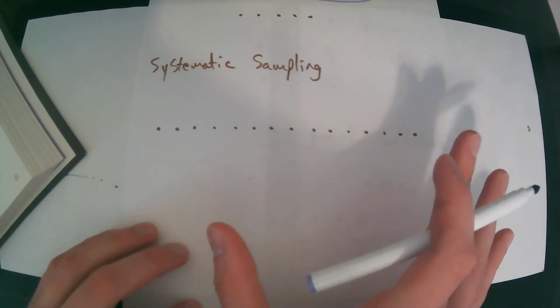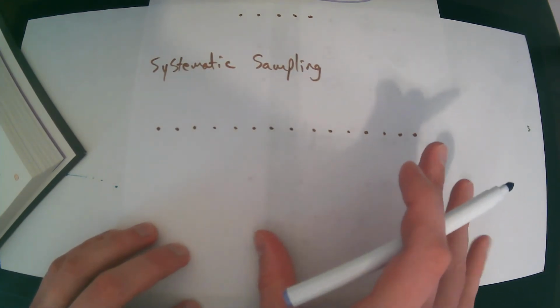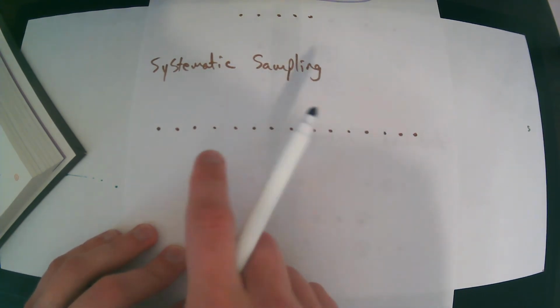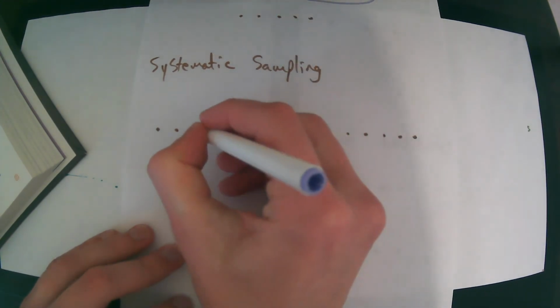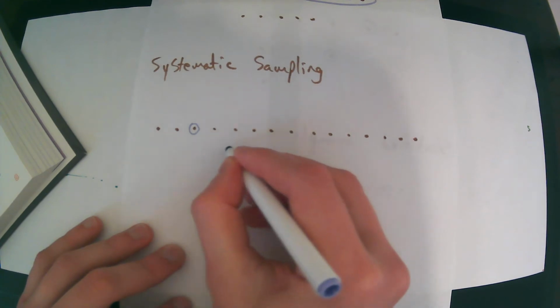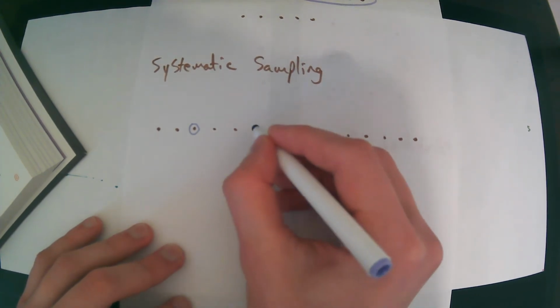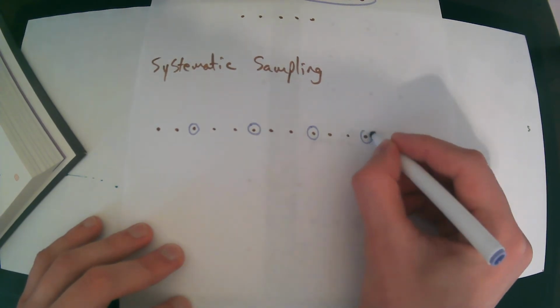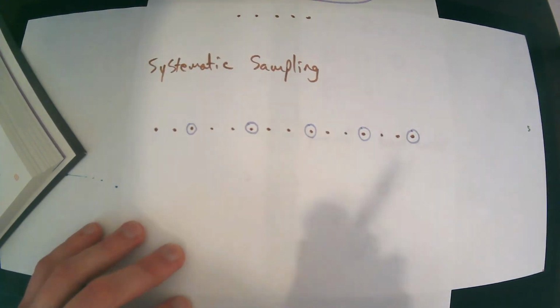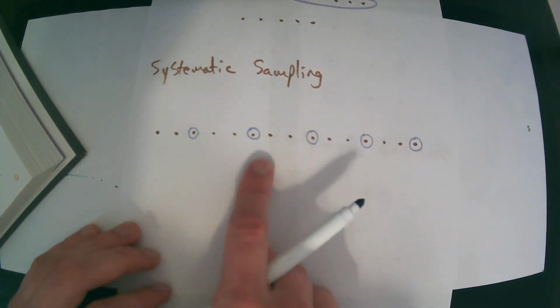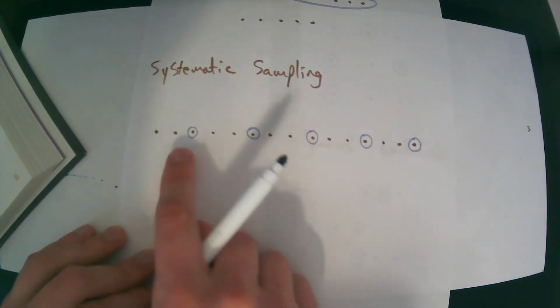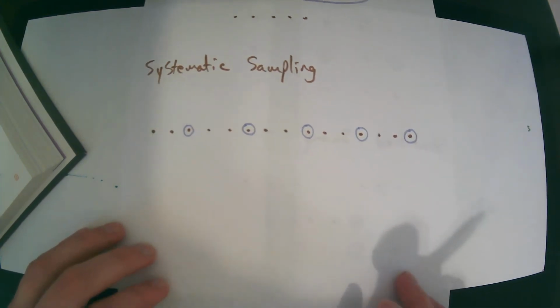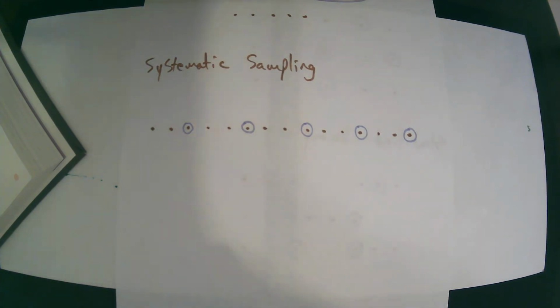So since I want 5 elements in my sample, I need to pick every third one because there are 15 total. So I would pick this one, then this one, and this one, and this one, and this one. 1, 2, 3, 1, 2, 3, 1, 2, 3, 1, 2, 3, 1, 2, 3. This would be my systematic sample.